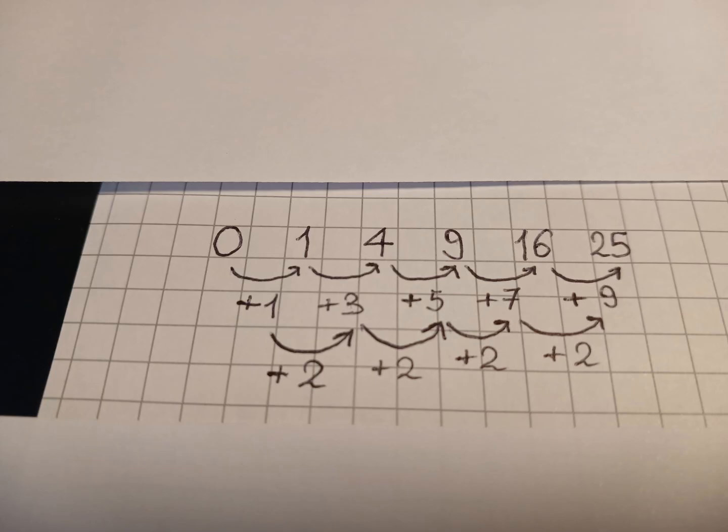Why does this work? It's because the square numbers are in what I like to call a layered sequence. This layered sequence has 2 layers, and the second layer is constant. You see plus 2, plus 2, plus 2, plus 2, and so on.